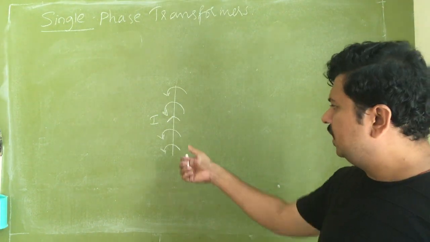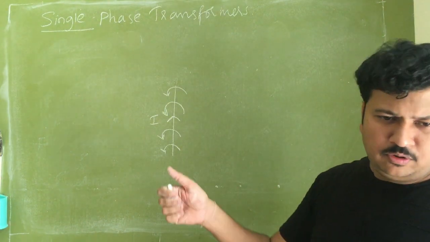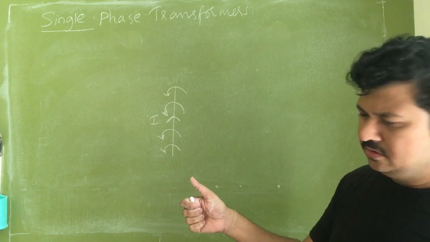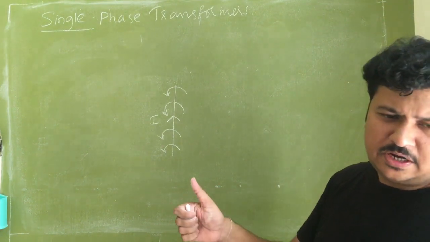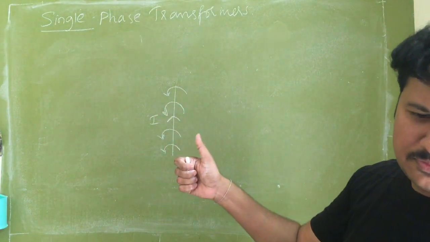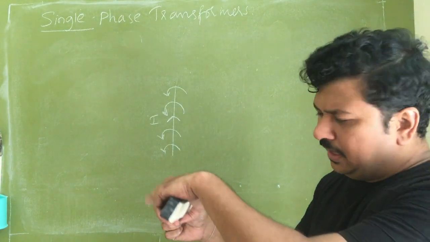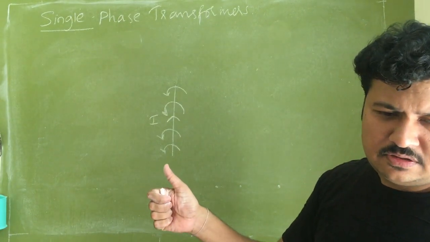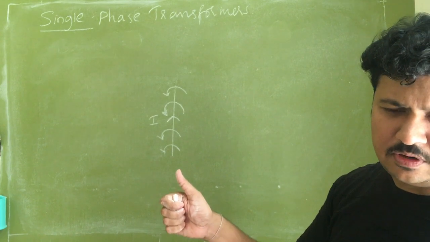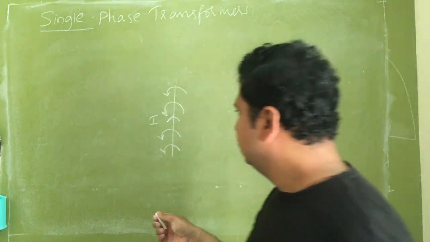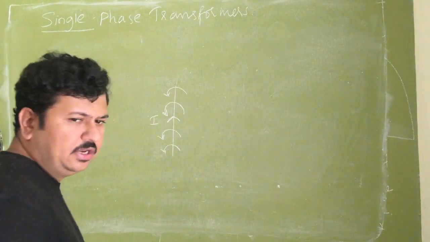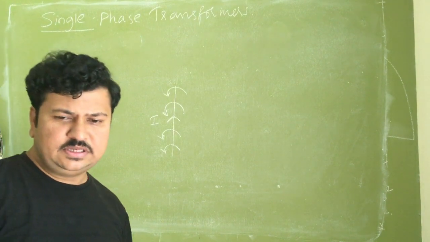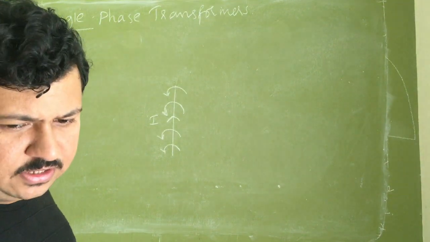If I hold a conductor in such a way that the direction of the thumb indicates the direction of current flow, then the direction of the other fingers indicates the direction of flux. This is what the right hand thumb rule is. So when I know the direction of current in any conductor, very conveniently and easily I can get the direction of flux surrounding it.